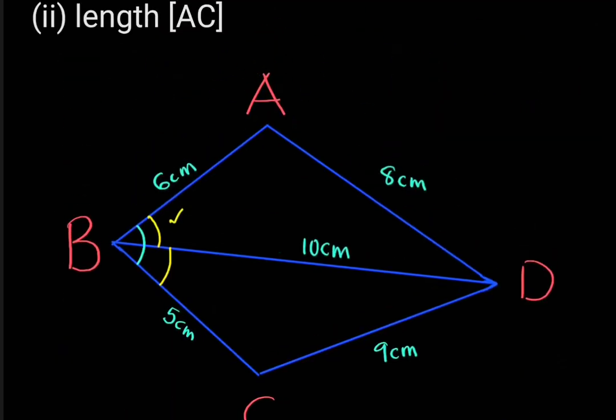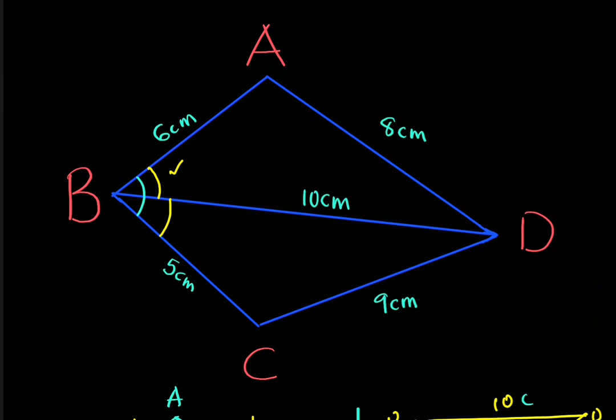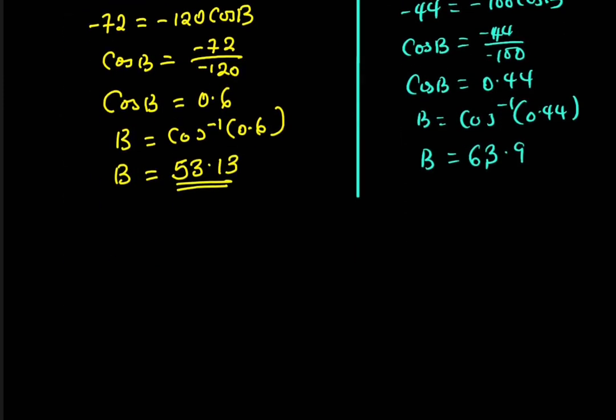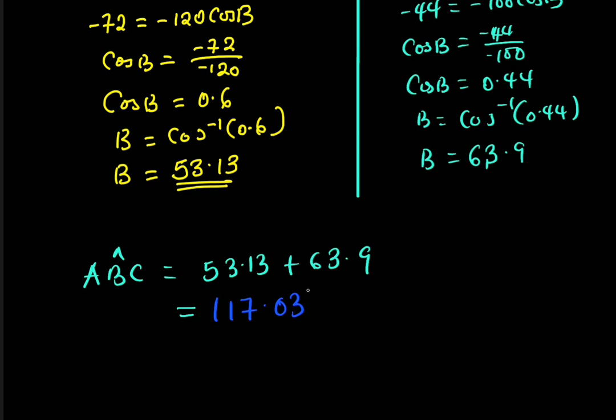Now remember our angle ABC is actually going to be this. So angle ABC will be the summation of this 53.13 plus 63.9, and our answer will be 117.03.